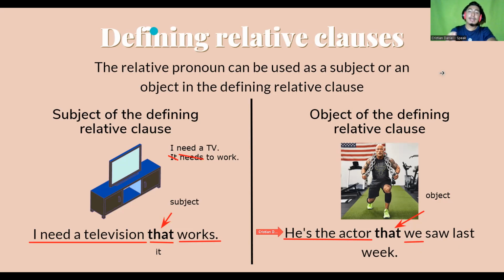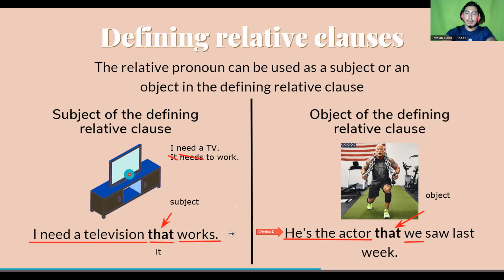Remember, in the defining relative clause, that can be a subject or an object; it depends on the meaning of the sentence. Another thing that we have to remember is that that can be used for things like a television, and for people like the rock.